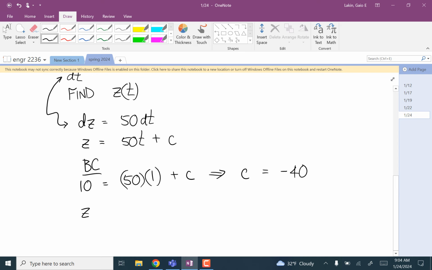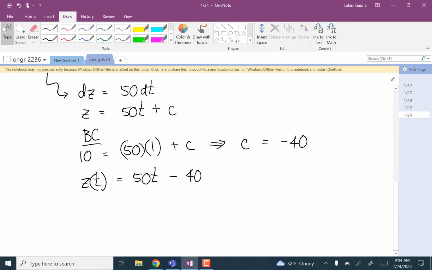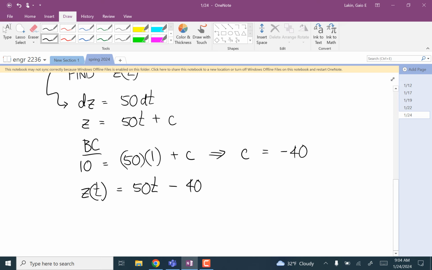Okay, so your function z then is 50t minus 40. And now you can substitute back to express it in terms of x. We invented this z thing, so it's our job to go back now. We have 50t minus 40 is equal to 2xt squared.